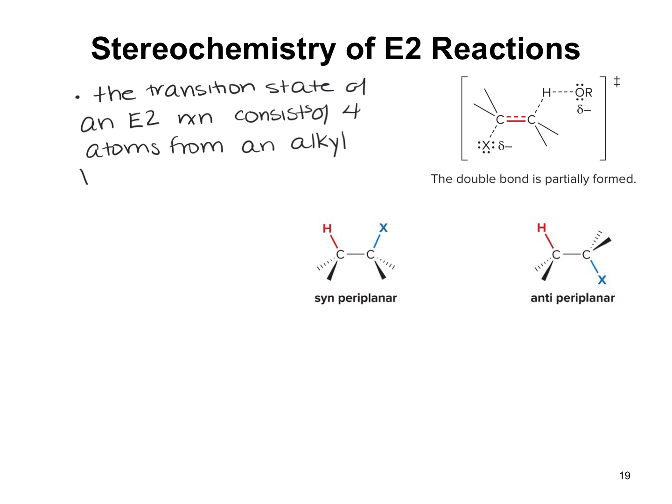And the 4 atoms from the alkyl halide are, and I think I'm gonna highlight them here in blue, 1 hydrogen atom there, we've got 2 carbon atoms here, and then the leaving group here.